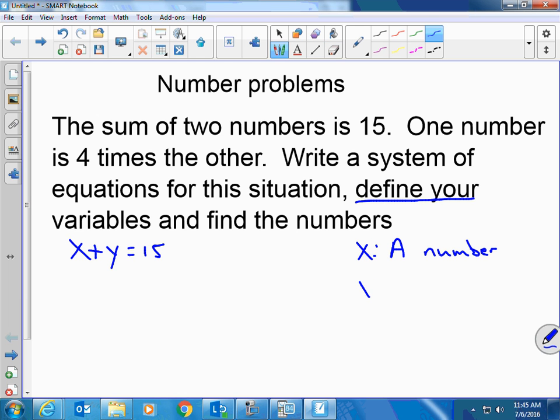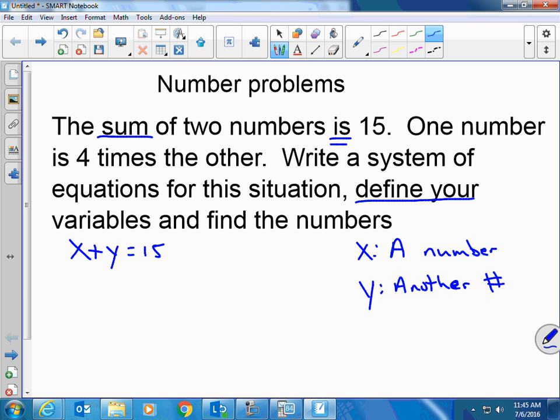It's another number. Nothing fancy. Okay? So X is one number, Y is another number. And I know the sum, addition, of the two numbers is 15. Is means equals. So here's one equation. I need another equation.